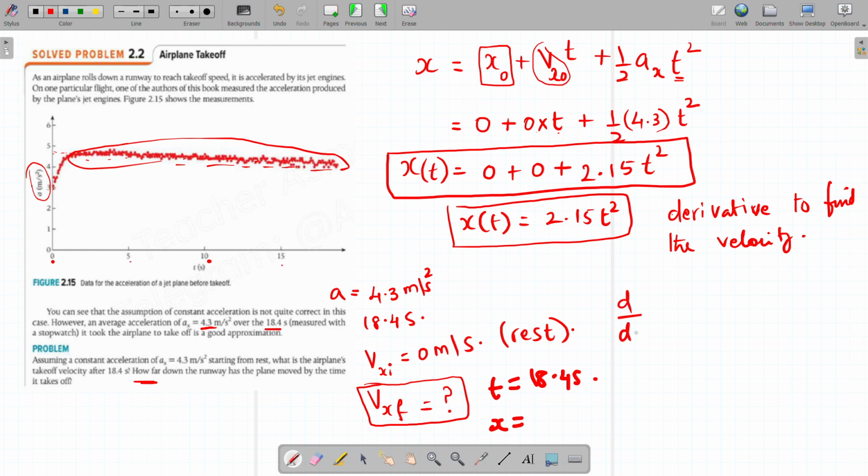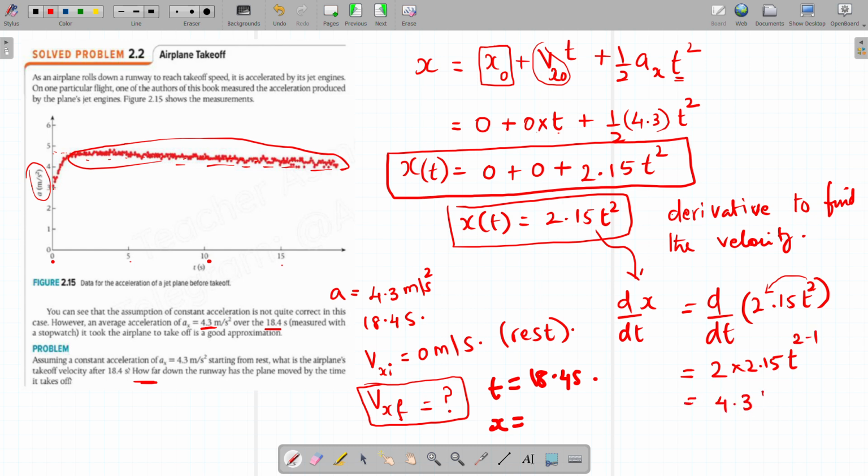So dx by dt is equal to d by dt of 2.15 t squared. In place of x we write this, and this will be 2 times 2.15 and t to the power 2 minus 1, so 4.3 t to the power 1, and this is the velocity function of time.